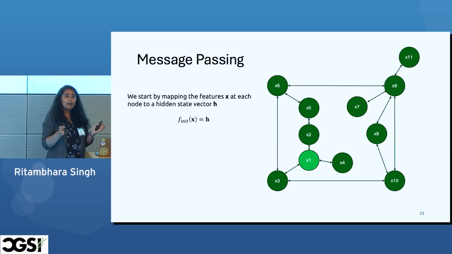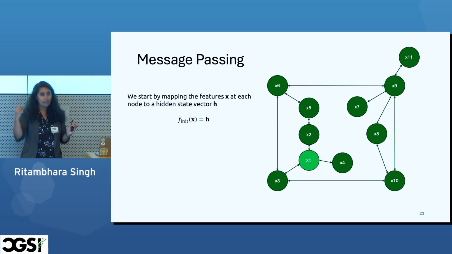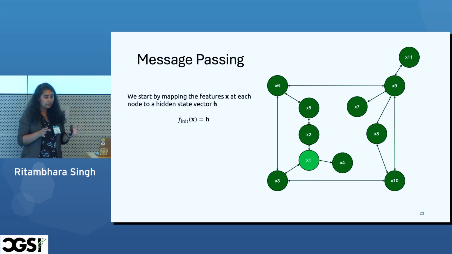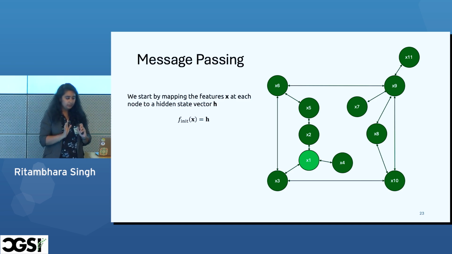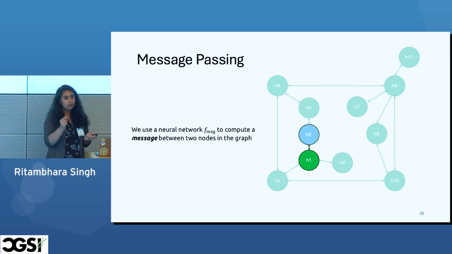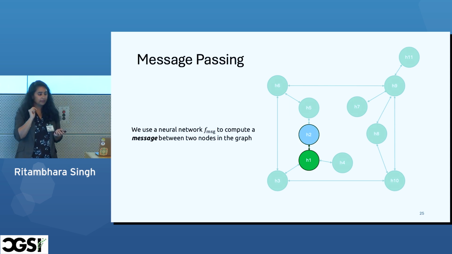We start by mapping these node features to some hidden state representation H using some neural network function that we may already be familiar with. It could be a linear operation, it could be a nonlinear operation, whatever you like. Once we have learned this representation, now we are going to basically use another neural network to compute message between two nodes of the graph if they are connected.